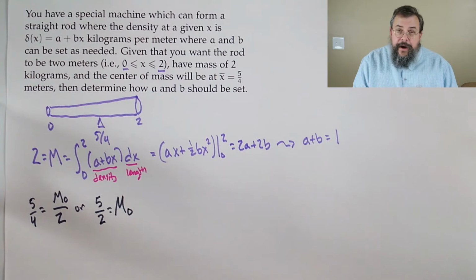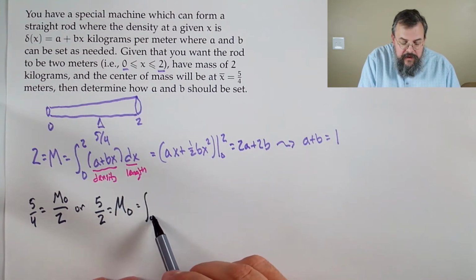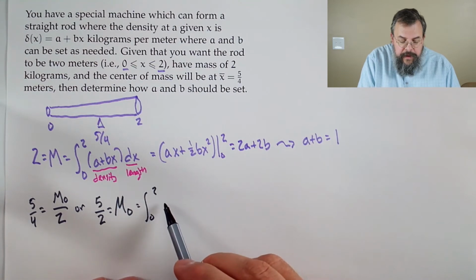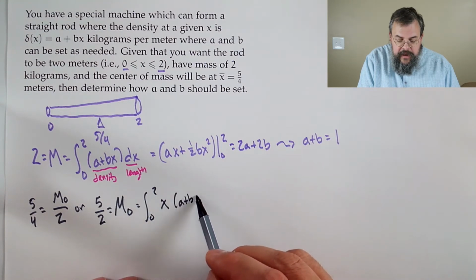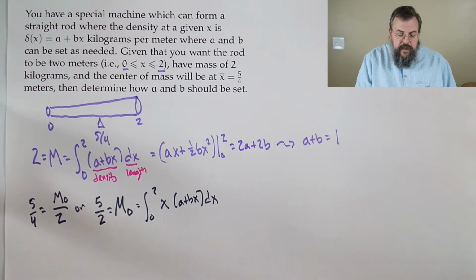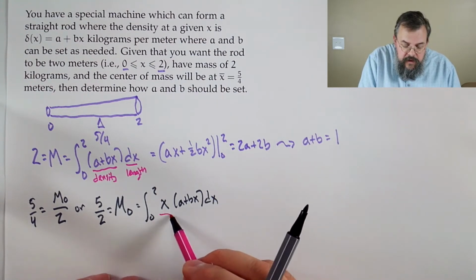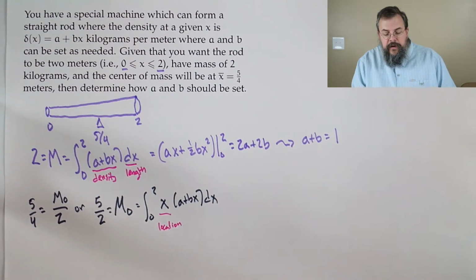All right, so now we know what our moment is, and that is integral 0 to 2. And then we have to have our location, x, and density, a plus bx, and length. So again, I'm just going to make a note here. X is location. There we go. Good.